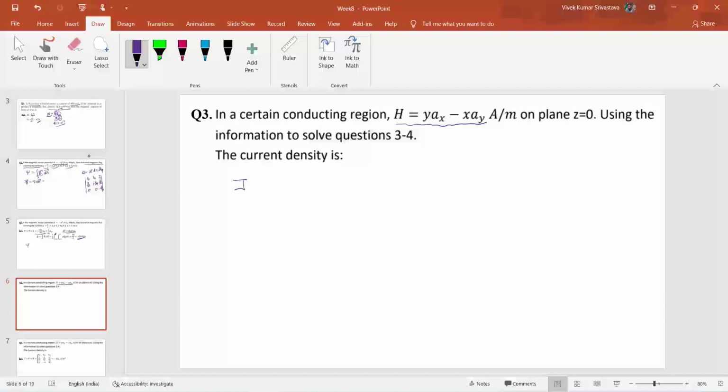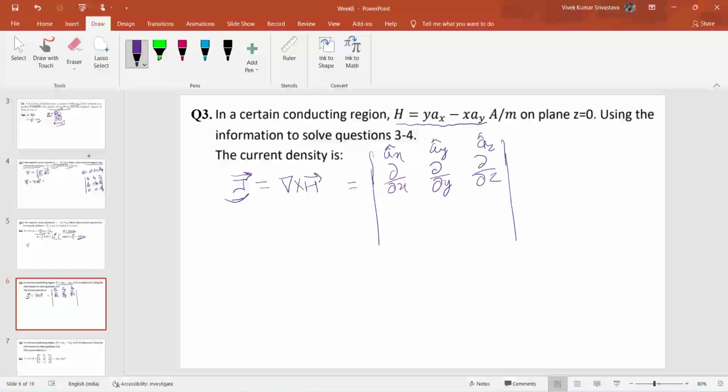So right now we have to determine the current density. For that we know the relation J is equals to del cross H. So we will use this expression for finding out the current density. So this we can determine as the determinant with del by del x, del by del y, and del by del z, then ax, ay, az, and then y, minus x, and 0.